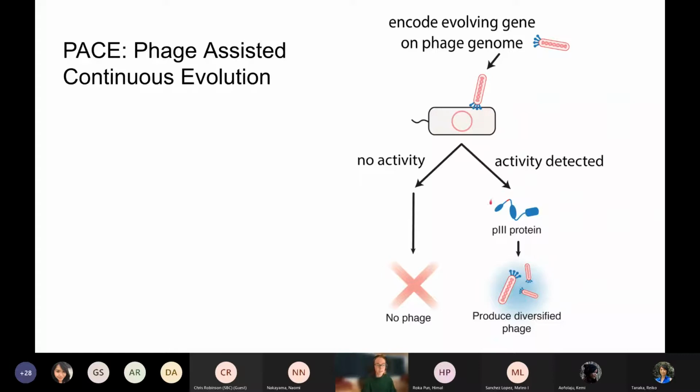It will produce this essential phage protein called P3, and that protein will allow the virus to propagate. And what's very clever about this setup is you can create a cycle. So viruses encoding better versions of your protein will produce lots of baby bacteriophage, which will go on to infect a next set of bacteria.